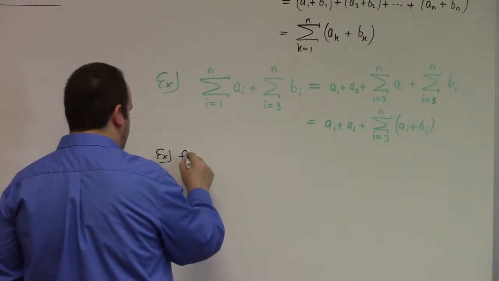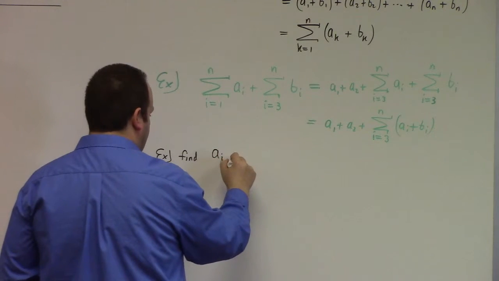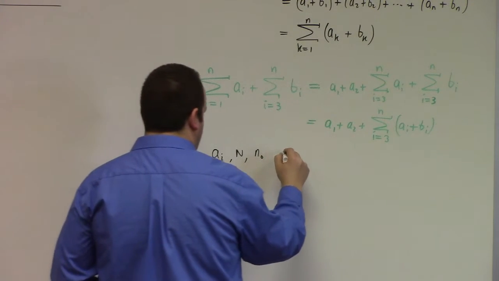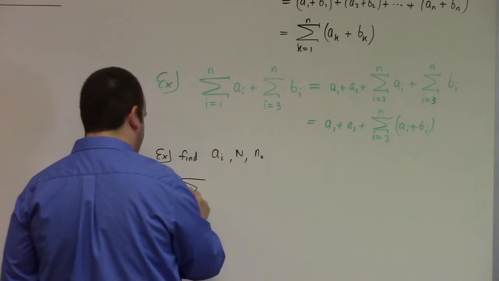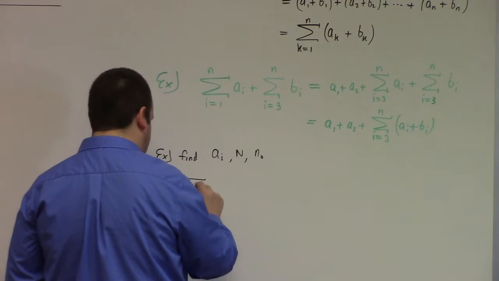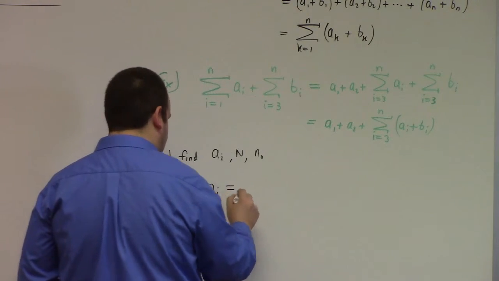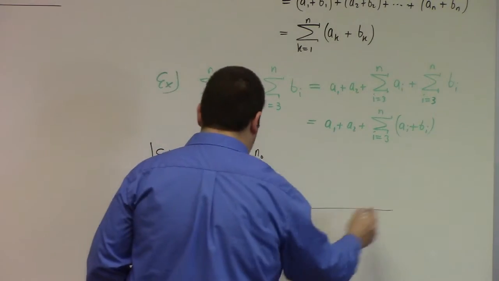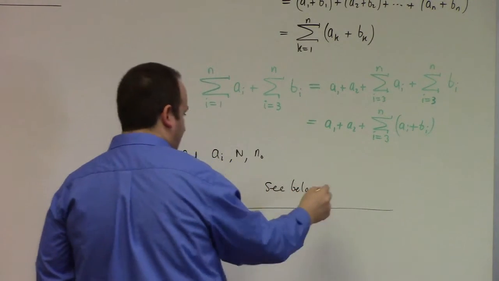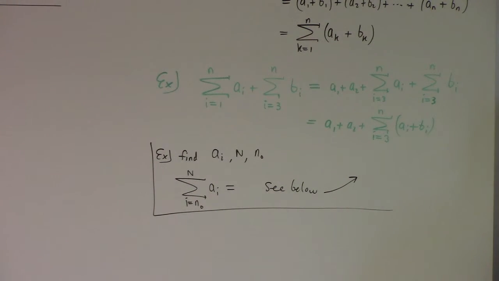So our goal here is to find a sub i and n and n naught such that the sum i equals n naught to big N of a sub i is equal to the following. See below, okay? Or over there. That's a different sort of below, but you'll follow.